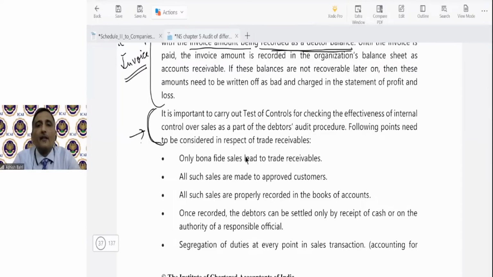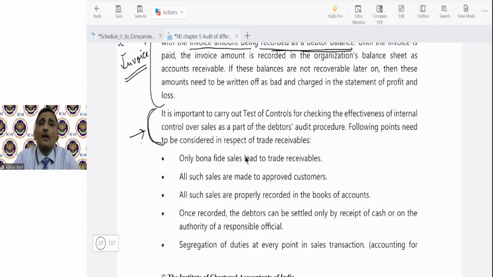He would first of all carry out tests of controls for effectiveness of internal controls over sales. He would ensure that only genuine sales are leading to the creation of trade receivables, that sales booked in financial statements are genuine. These are not fake.